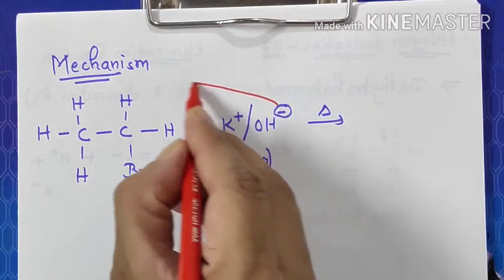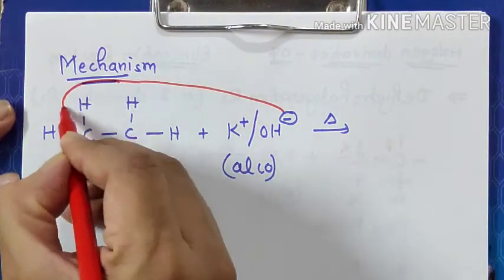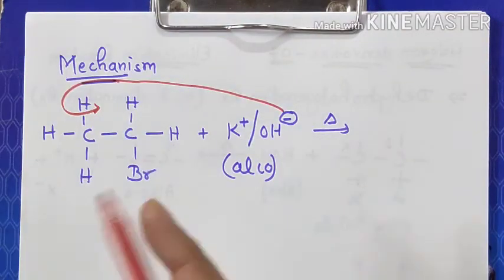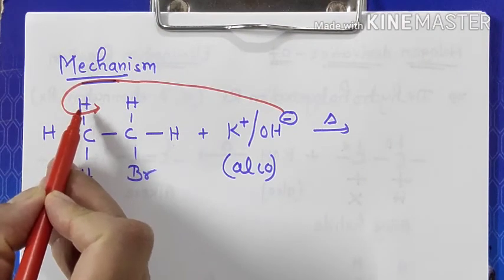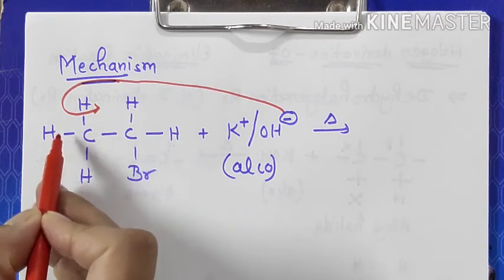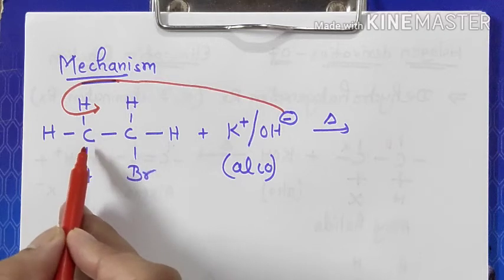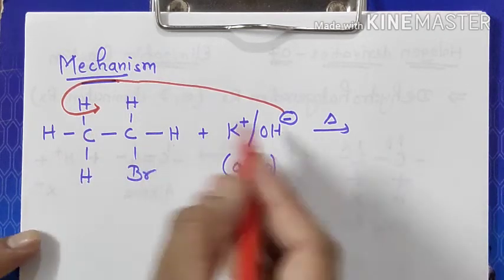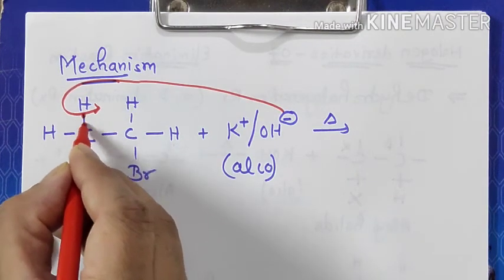This OH minus will go here, and it will abstract this hydrogen. How? This OH will give its electron to this hydrogen, right? Suppose OH minus comes here; there's a 2-electron bond, one electron of hydrogen, one of carbon.